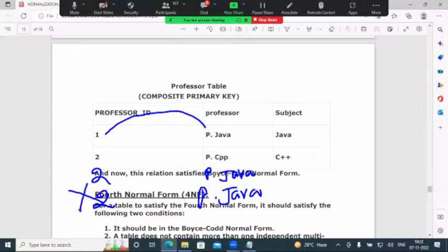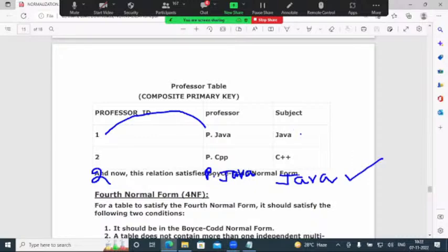But can I say here, to Professor Java, subject is Java? Yes or no? Yes, it's possible. It is allowed, even though Java is already there.